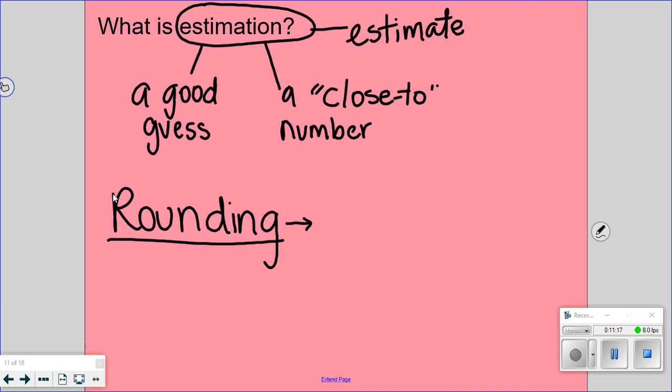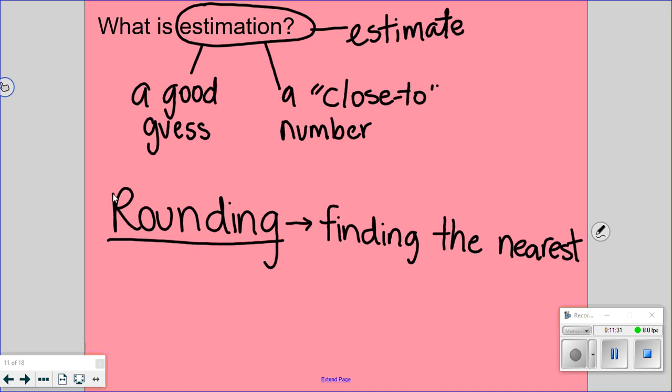Okay, so when we are rounding, we are finding the nearest or closest friendly number.